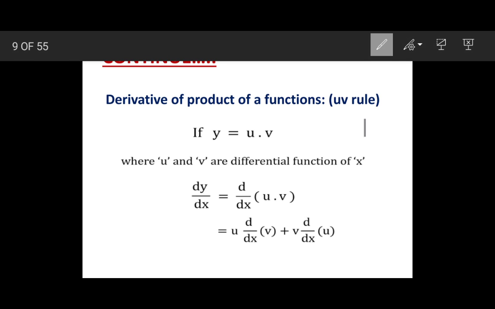So if y is equal to u into v, meaning there are two different functions which are in the form of multiplication, then dy upon dx, or derivative of this uv, will be: take u outside and find the derivative of v, u into derivative of v plus v into derivative of u. Okay, so the rule for u into v is u into derivative of v plus v into derivative of u.